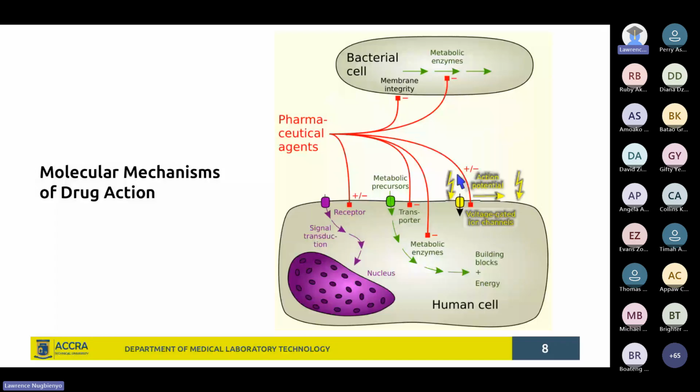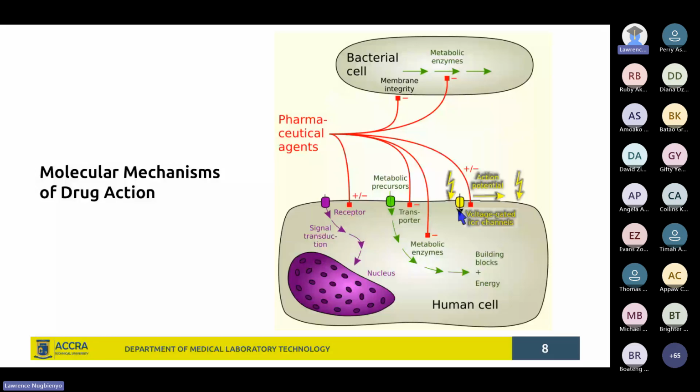It binds to that, and then it triggers a change in potential, because the channel opens or closes depending on the changes of the potential that is generated.